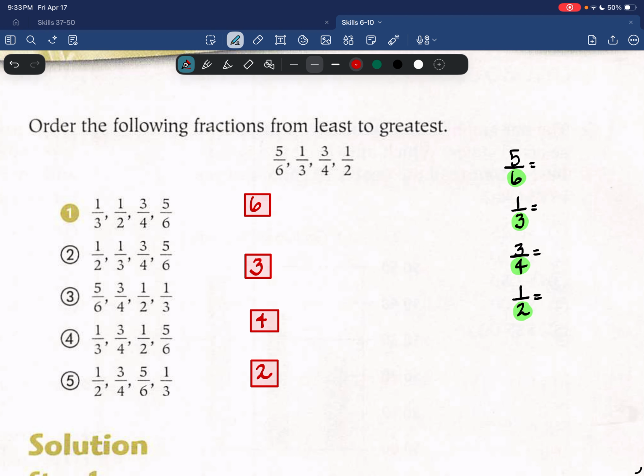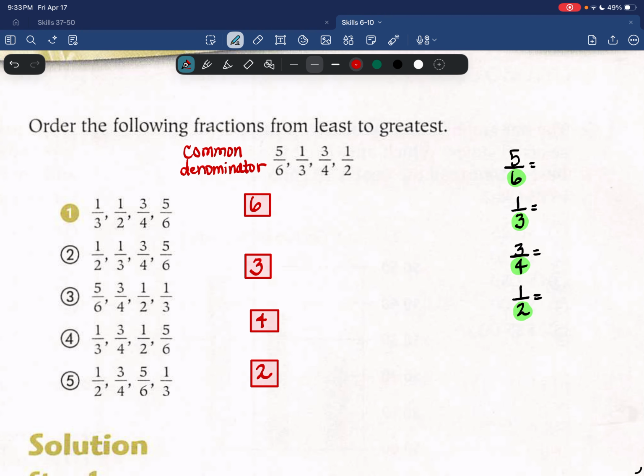And the name of what we're doing here is finding a common or like denominator. Instead of comparing apples and oranges and bananas and kiwis here, we're going to put everything in terms of the same denominator.